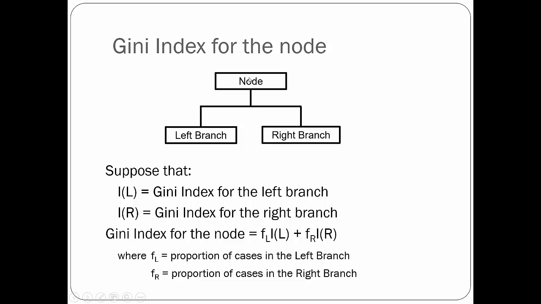Suppose you have 100 observations here, 40 of them go to the left and 60 of them go to the right, then f sub L is 0.4 and f sub R is 0.6. Then you compute the weighted average, and that is the Gini index for that particular split. Then you repeat that for all the splits. Each split will give you a Gini index for that node, and then you select the best one, being the smallest value for the Gini index.